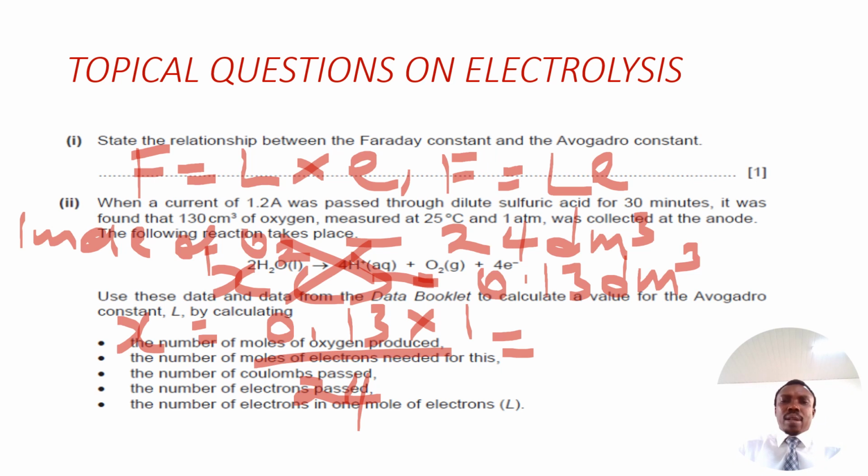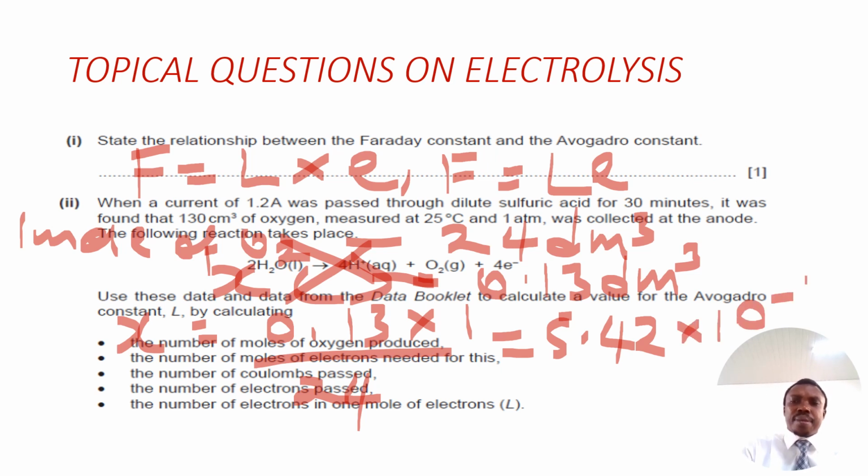So I'm to use my calculator: 0.13 divided by 24, which will now be equal to 5.42 times 10 raised to power minus 3.